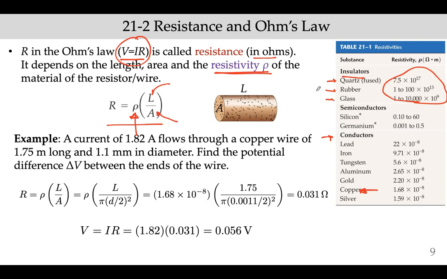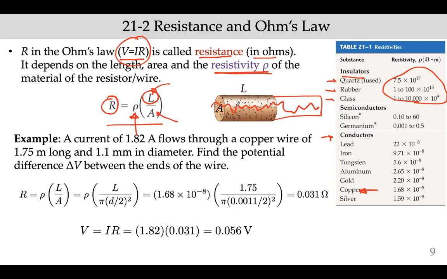If you have a longer material, it will create more resistance, because the electrons bump into more atoms. So the length of the resistor and its resistance are directly proportional. But the area is inversely proportional to resistance.